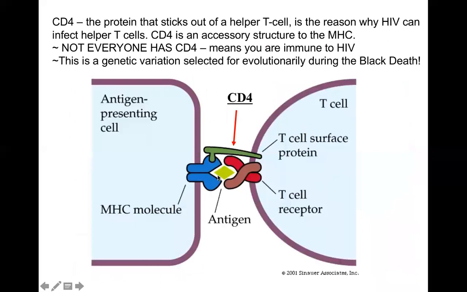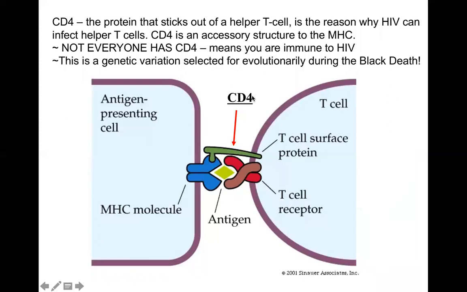Here you can see kind of up close, zoomed in and personal, again, an APC with its MHC presenting that foreign antigen. Here is your helper T cell. It's got this receptor that seems to fit with this antigen. There's often secondary structures that help with this connection and the communication between an APC and a helper T cell.